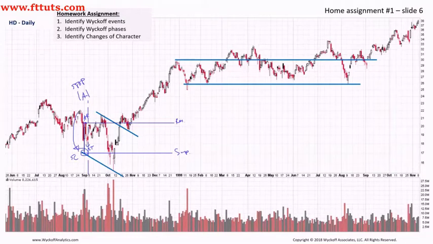That would be phase C. Okay, phase C, and how would we label this price action in phase C? Spring. Yeah, could be a spring. Obviously, it has all of those characteristics of the spring, where there is an attempt to commit and then the recovery, quick recovery. My only hesitation here is the volume signature. So such a big increase in the volume signature.